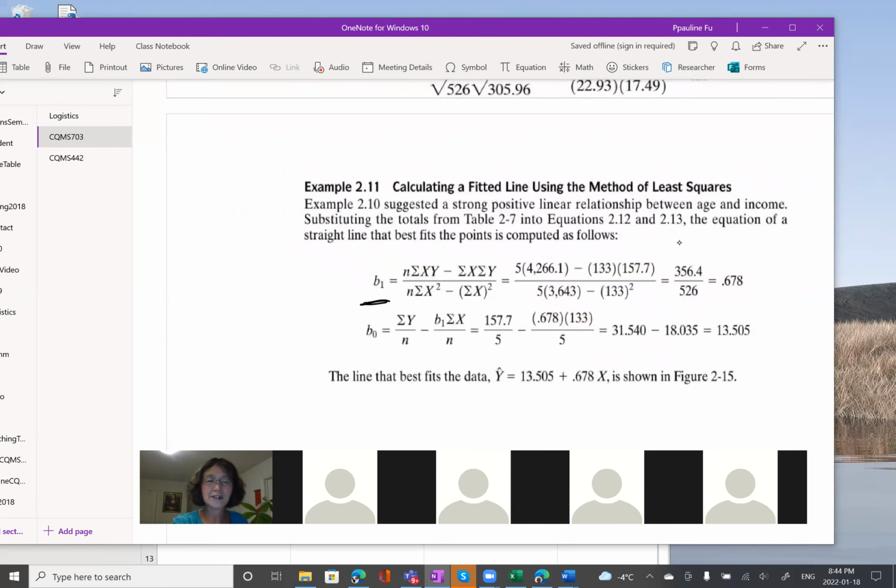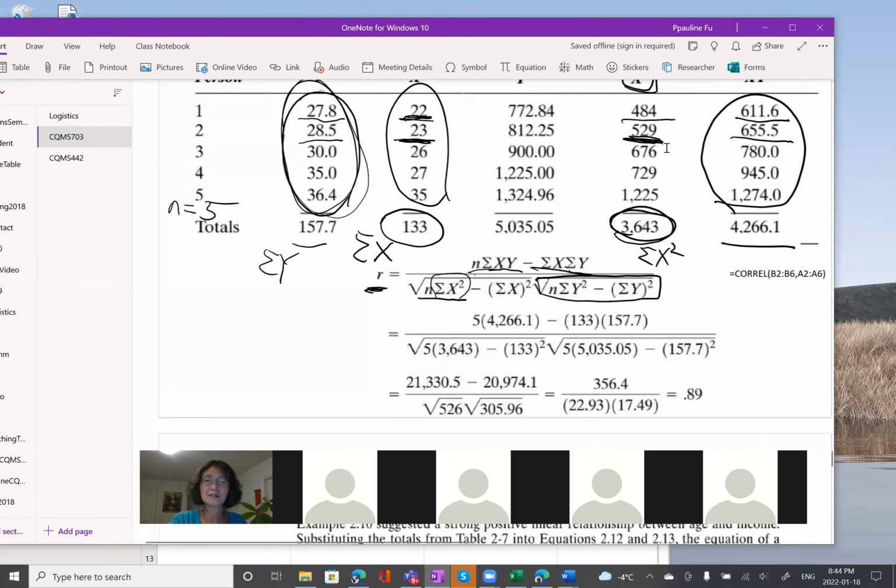You have to calculate the intercept, B0. So this is the formula. All those items I explained in this formula here. Make sure you understand what each item represents, and you plug in the related numbers based on this table here.